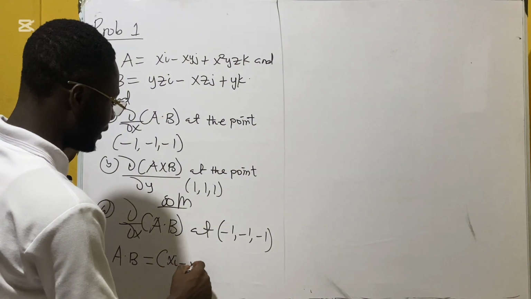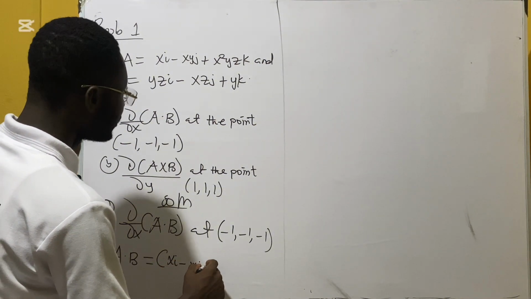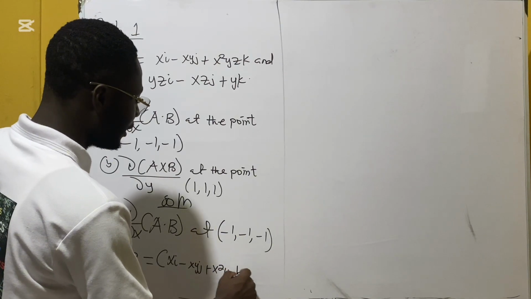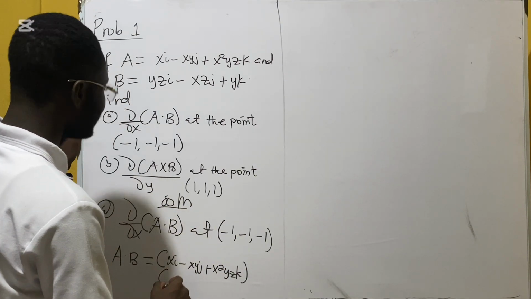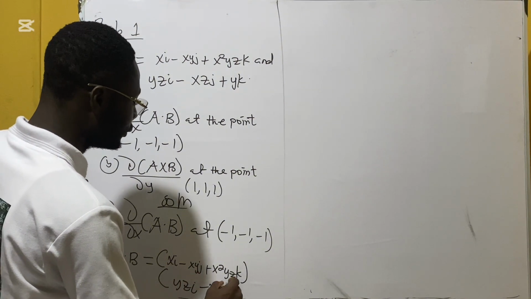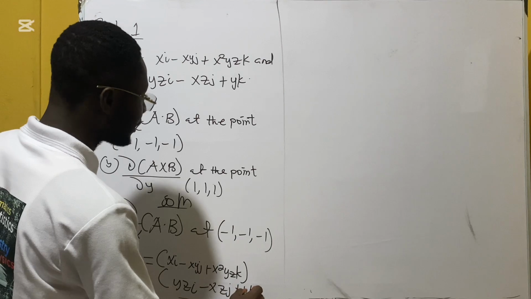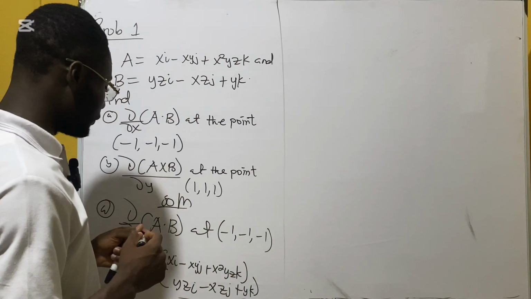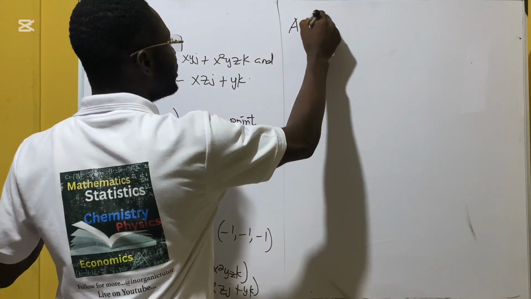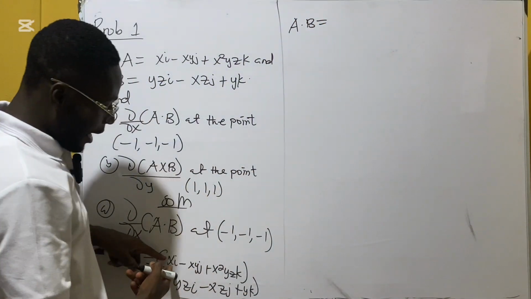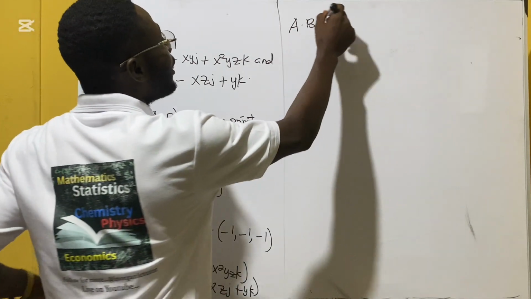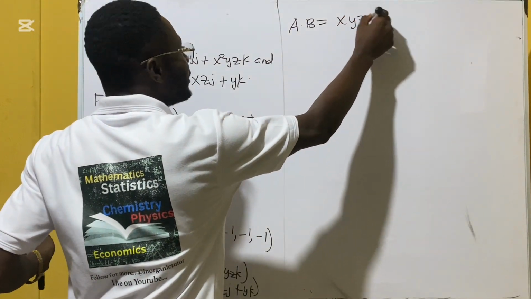So that is going to be (xi - xy j + x squared yz k) times (yz i - xz j + y k). Okay, so we're going to multiply that, and we're going to have A dot B equal to xi times yzi becomes xyz.